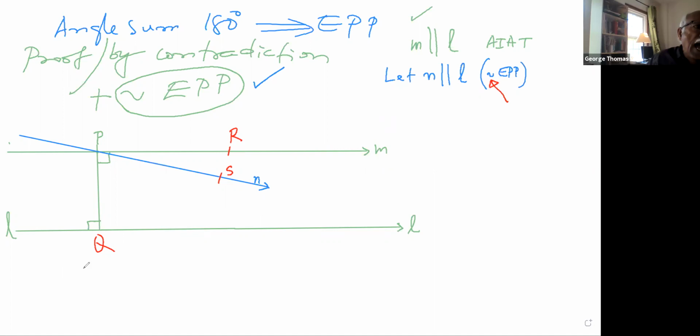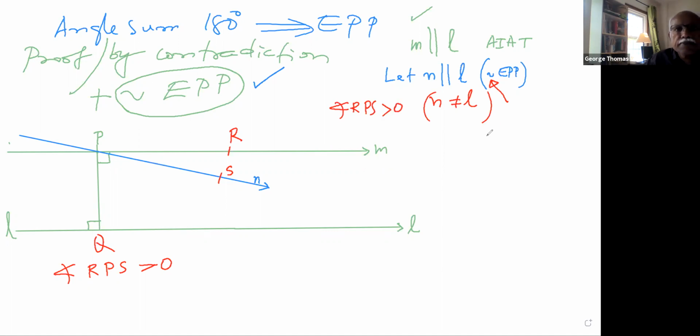that means that angle RPS is greater than 0. Agreed? Because N is not L. Angle RPS is bigger than 0.